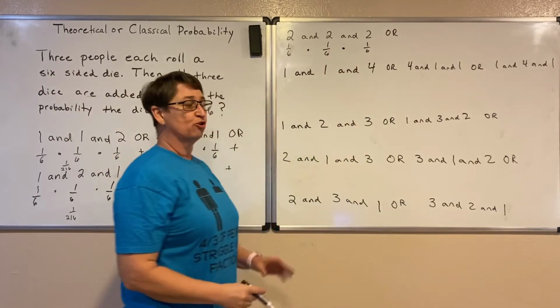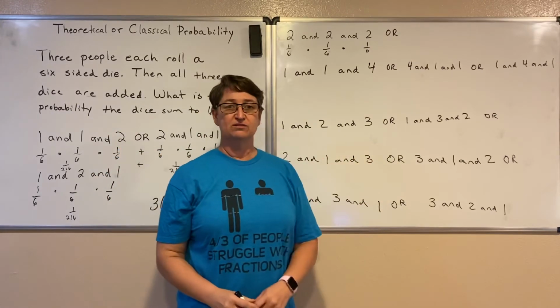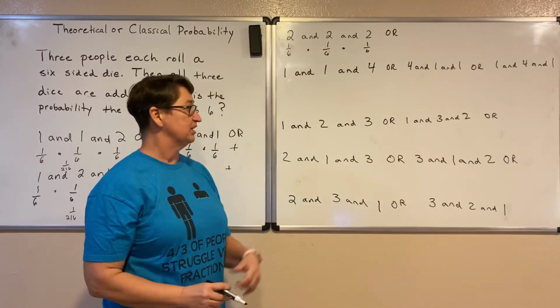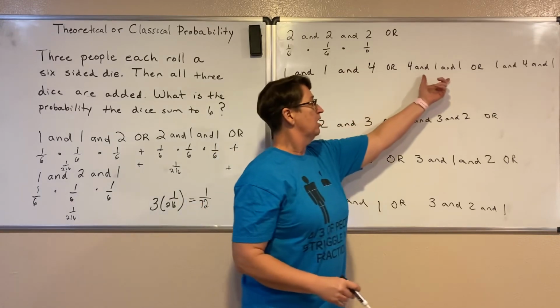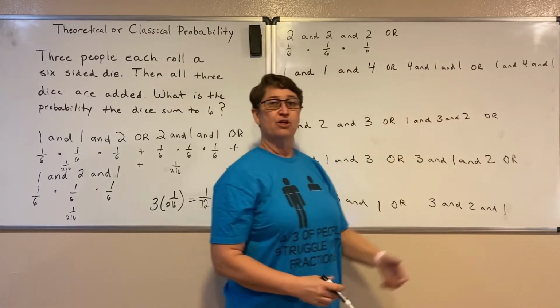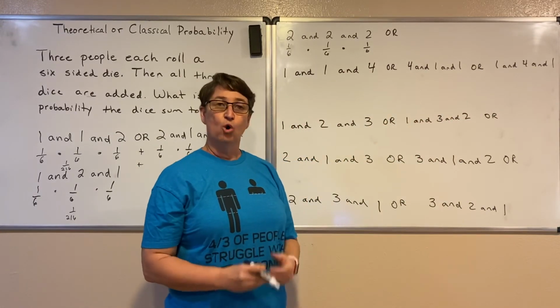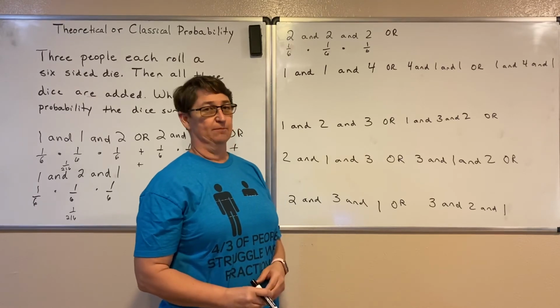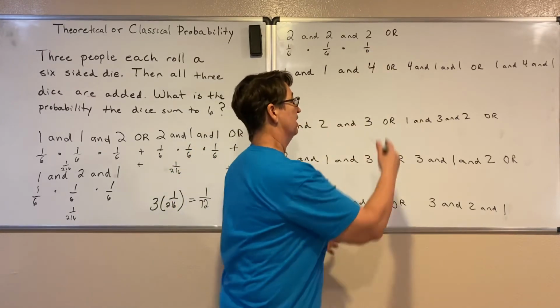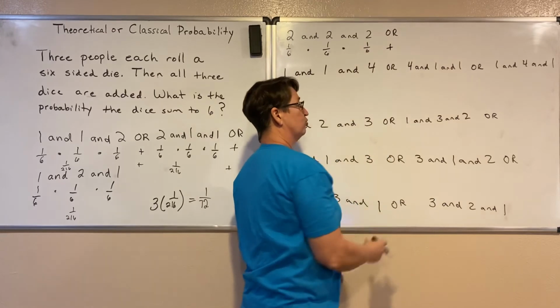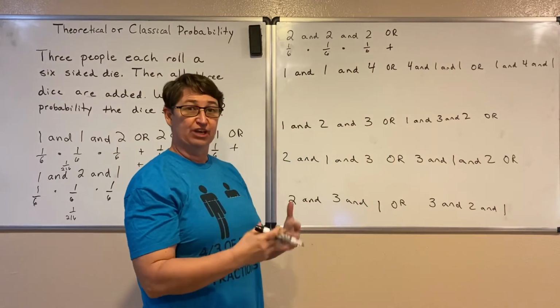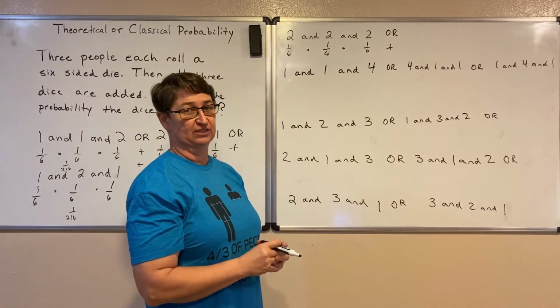So we're just going to be multiplying on all 10 of these, 1/6 times 1/6 times 1/6. So each individual possibility here, the probability is 1 out of 216. But then the ors tell us that we're going to add them all together. So we're going to add together all 10 of those 216s.